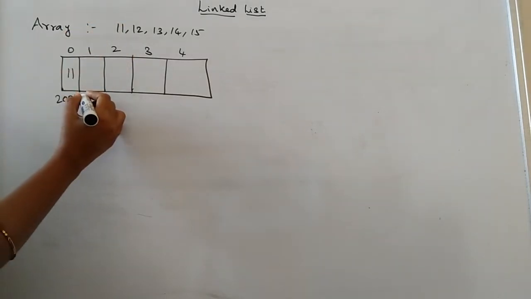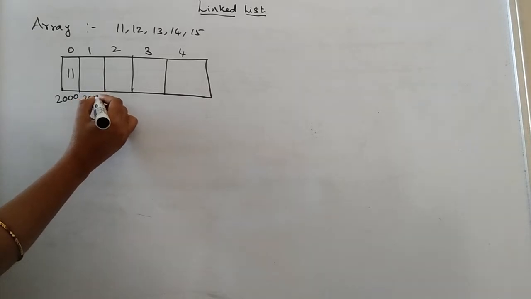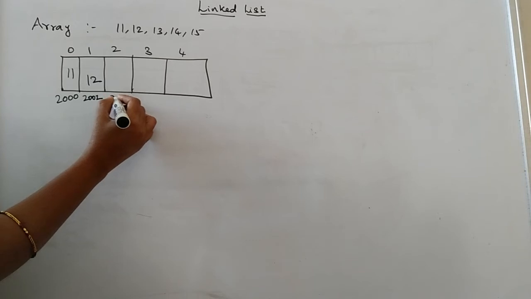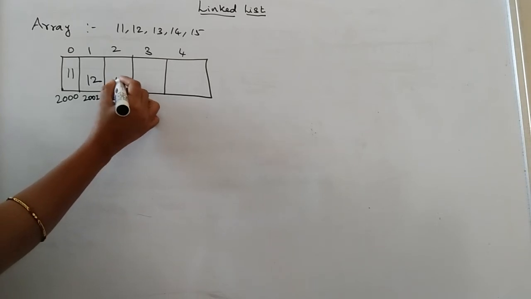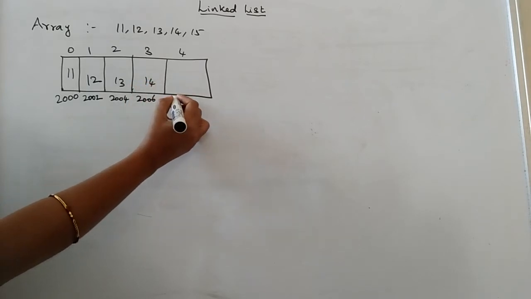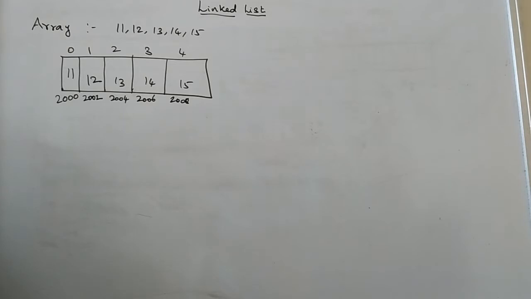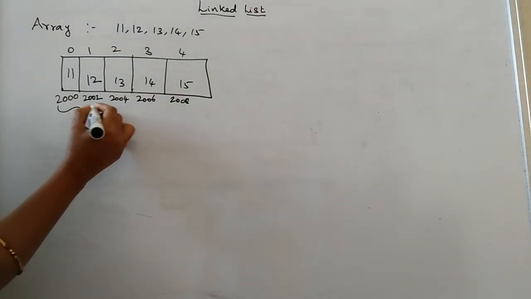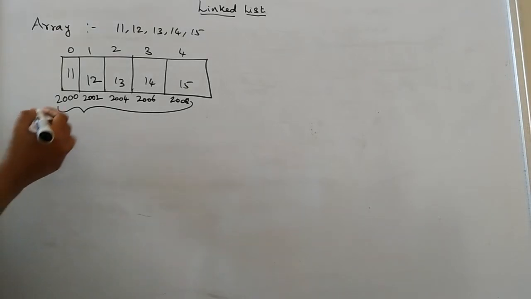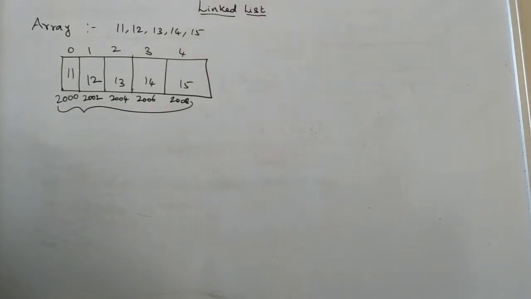Then for storing 12, the next memory location is 2002, then 2004 for 13, 2006 for 14, and 2008 for 15. Looking at these memory locations, you can easily see they are in a consecutive manner.